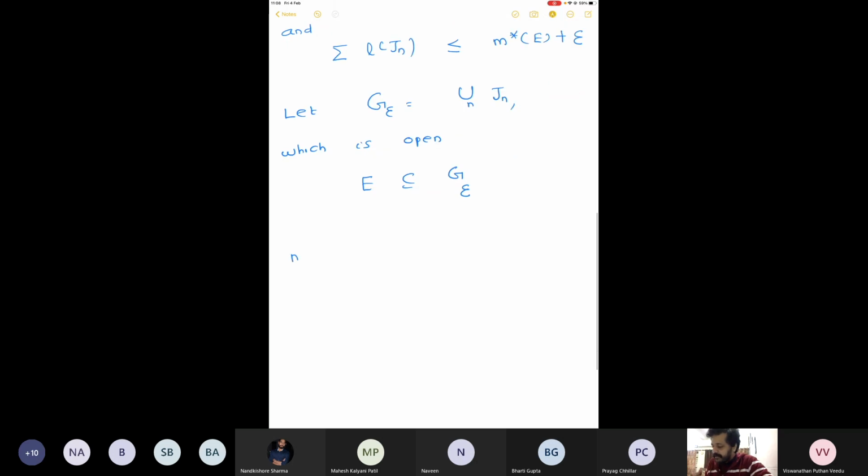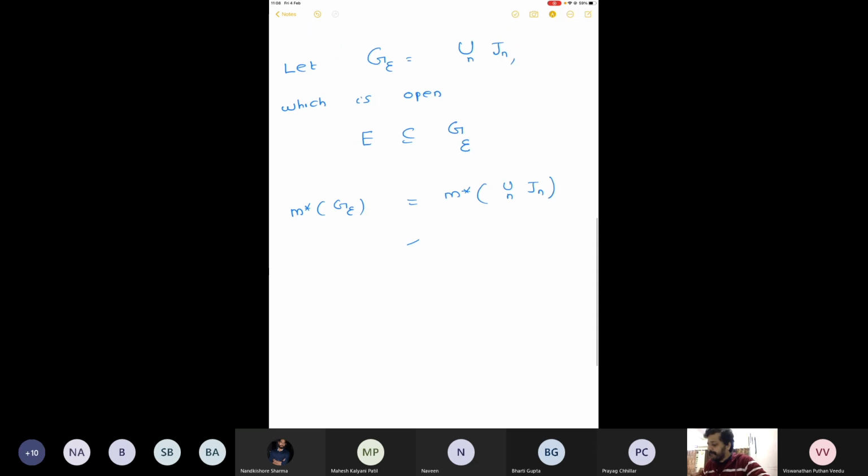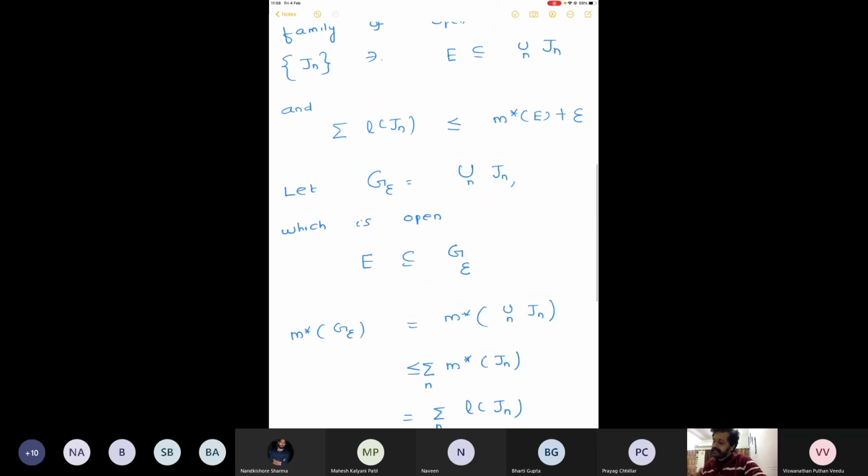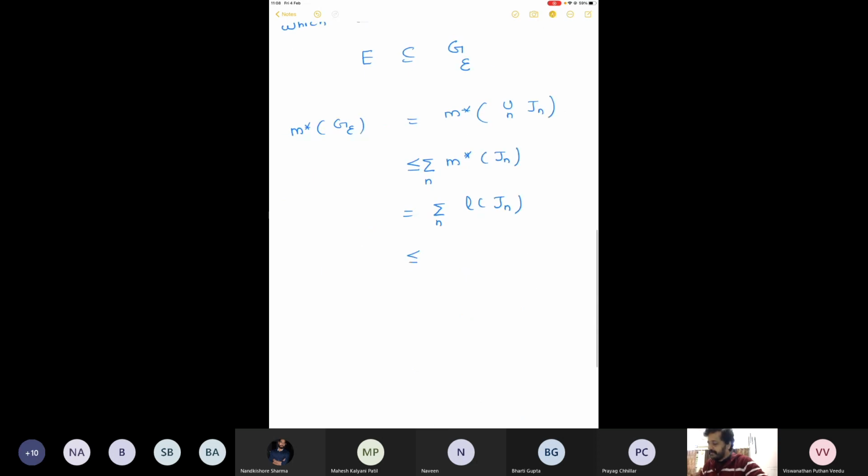Okay. m star of G epsilon is the same as m star of the union over n of Jn. By countable subadditivity, this is at most the summation over n of m star of Jn. Jn being an interval, it is the summation over n of L of Jn. And the summation over n of L of Jn by the choice is less than or equal to m star of E plus epsilon.